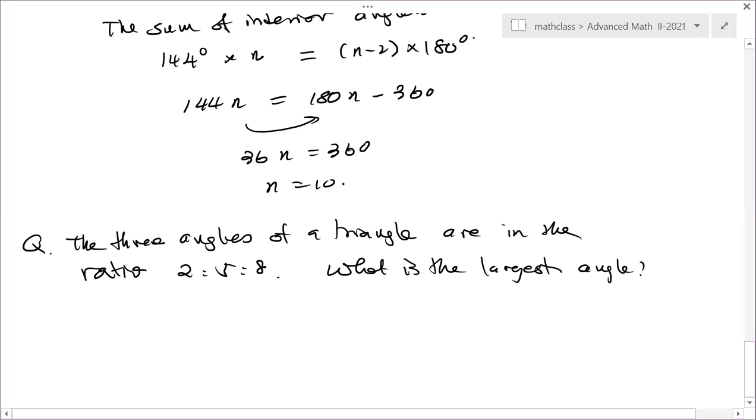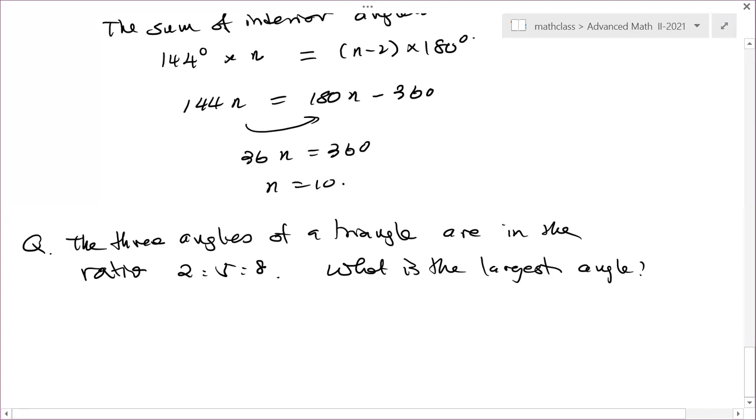If the interior angle is 144 degrees, then 144 degrees times n is the sum of the interior angles, and that should be n minus 2 times 180. So you just solve this equation. You get 36n equals 360, n equals 10. I do see Kelvin got 15, but 10 is the right answer. As long as the equation is correct, you should get the same answer.